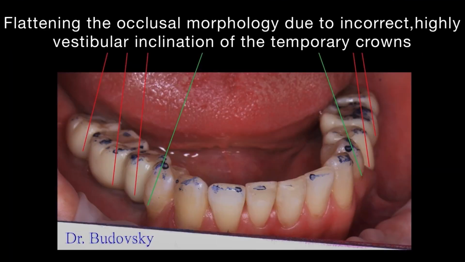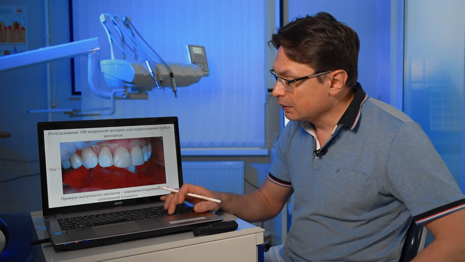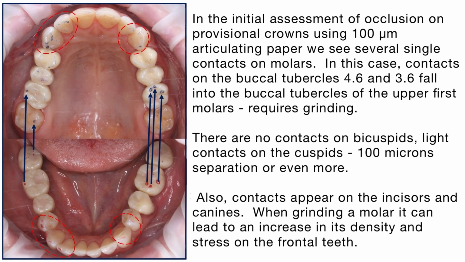We start grinding the crowns, we mark and discuss with the technician the position of the teeth, mark the contacts, and once again we carry out the selective grinding of our crowns already in the oral cavity. Again, here the initial check is carried out using a 100 micron carbon copy paper.